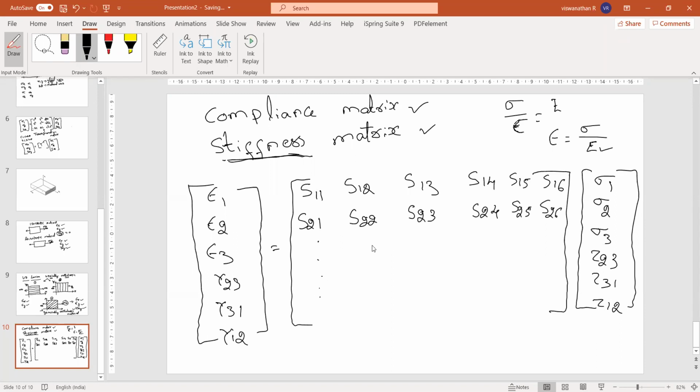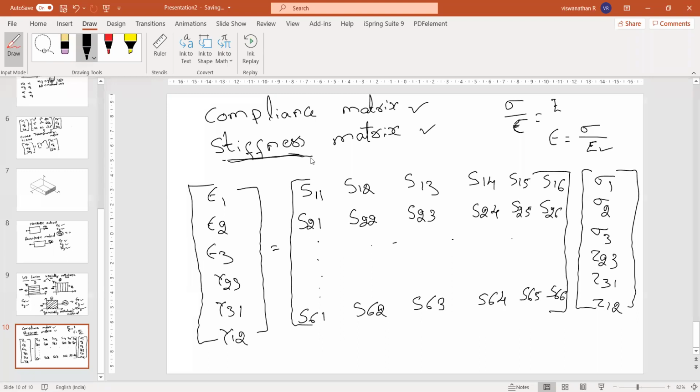Fill up these things. What will be this? S61, S62, S63, S64, S65, S66.